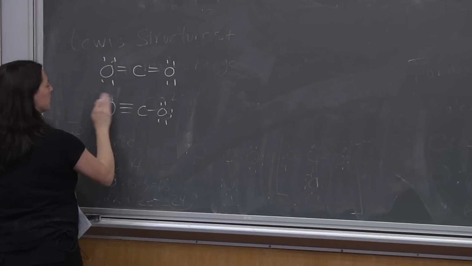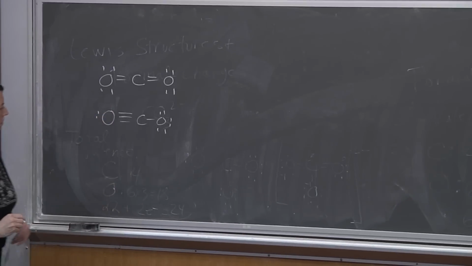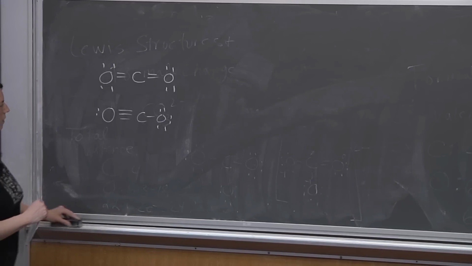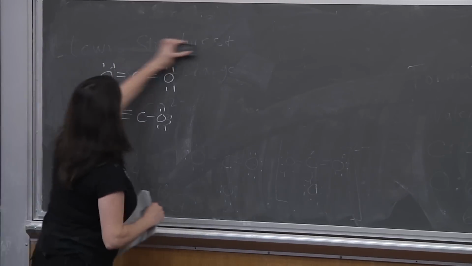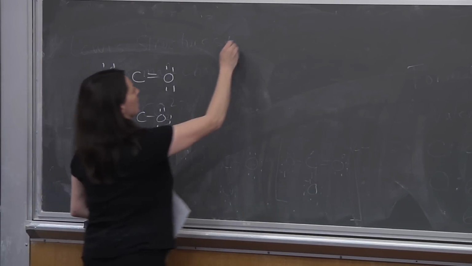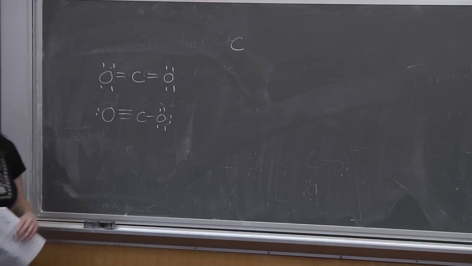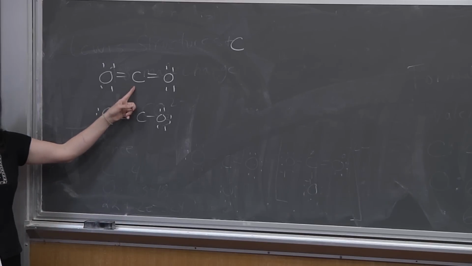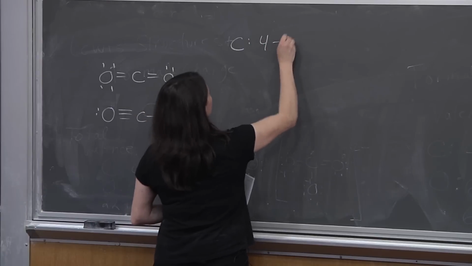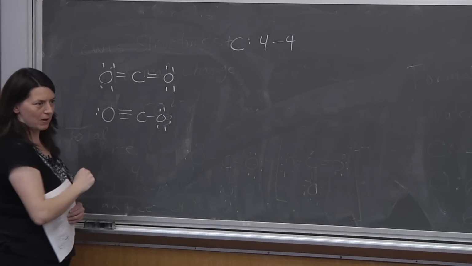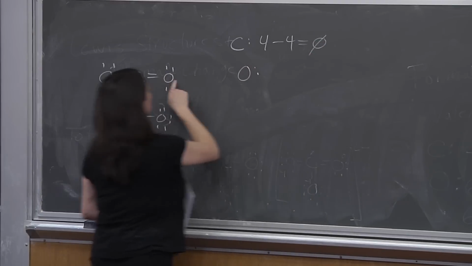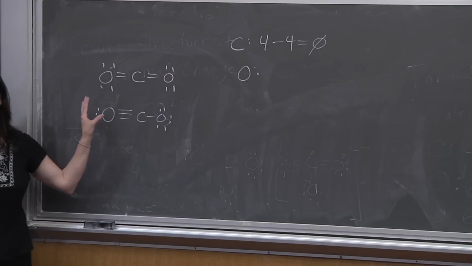Okay, here is an illustration of what formal charges are used for. In this top one, what's the formal charge on the carbon? 0, because it has 4 valence electrons minus half of these 8 bonding electrons, which is 4, so that's 0. In this one, the oxygens are both in the same environment, right?